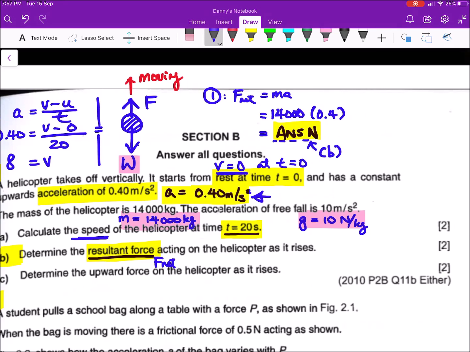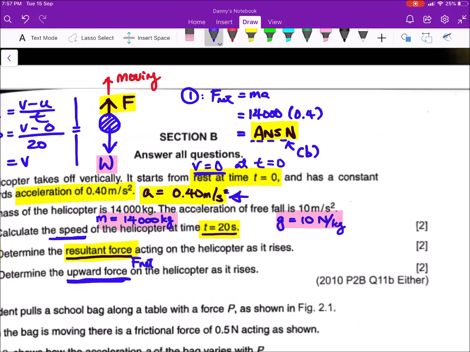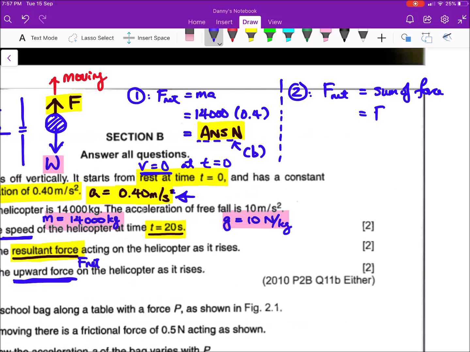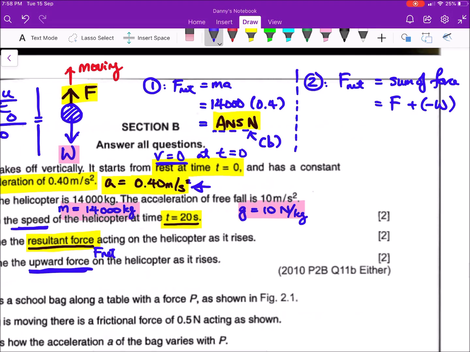Now to find this upward force, which is here, you can use your equation number 2. Your F net is equal to the sum of forces. This sum of forces, you will have F plus negative W, because you are moving up. So let's take up as the positive.